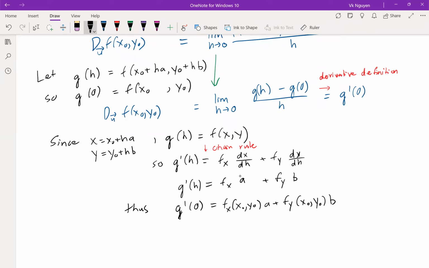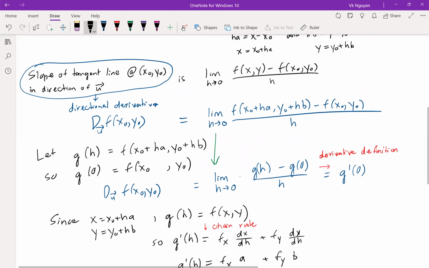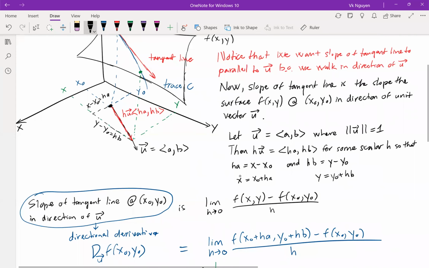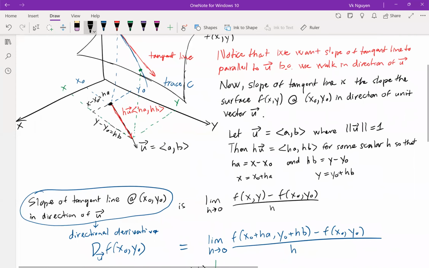And then what are the a and the b here? a and b are the components of the unit vector.